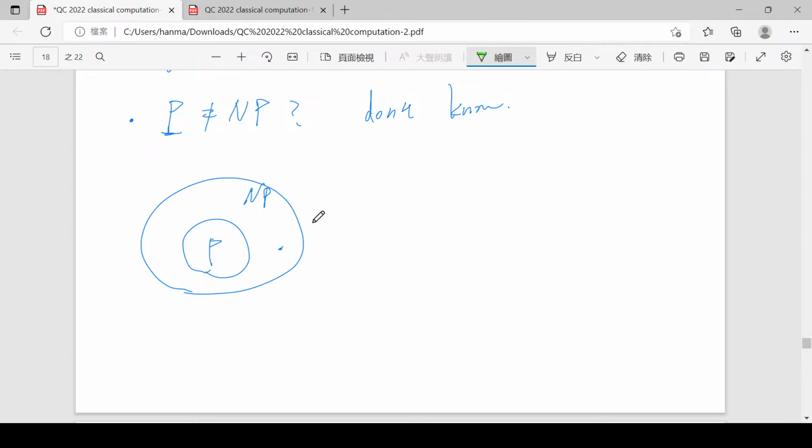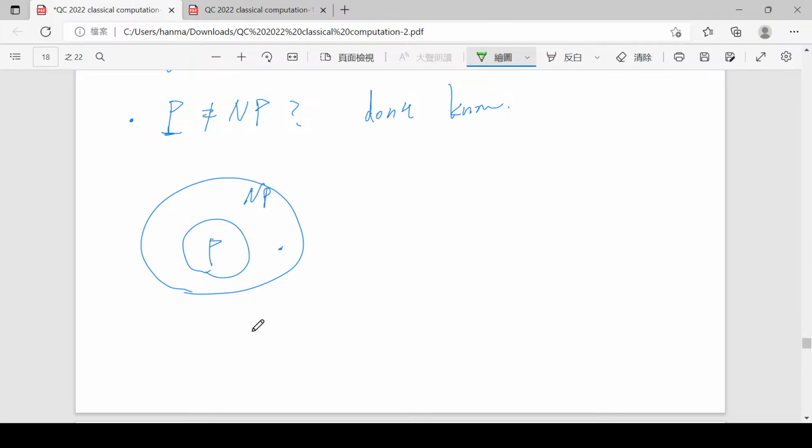And maybe it's also possible that there are some very smart algorithms that show that everything in NP is actually in P. And here we have the first example of our complexity class graph.